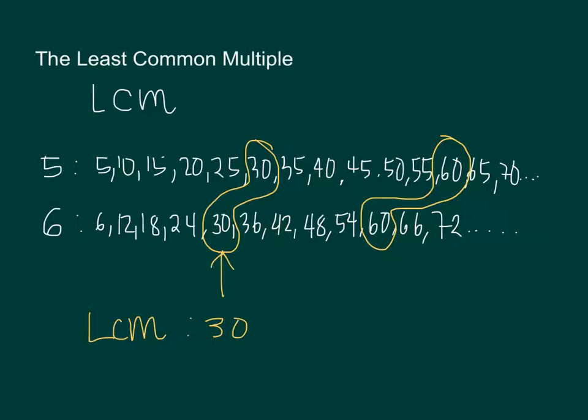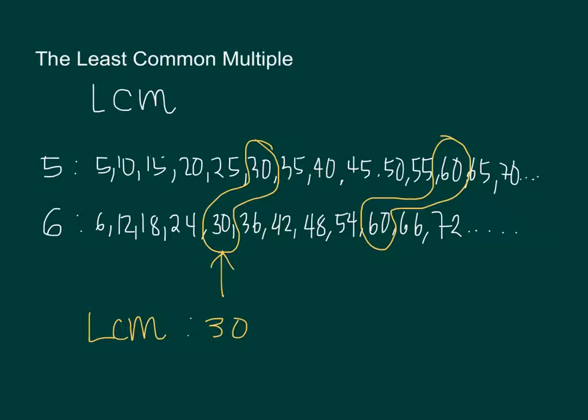So that's how you find the least common multiple of two numbers. You simply list down some multiples of the first number and also some of the multiples of 6. You don't need to have all the multiples. Actually, that's not possible, okay? Because the multiples will be infinite. So just take a few anyway, since you just want to have the least common multiple.